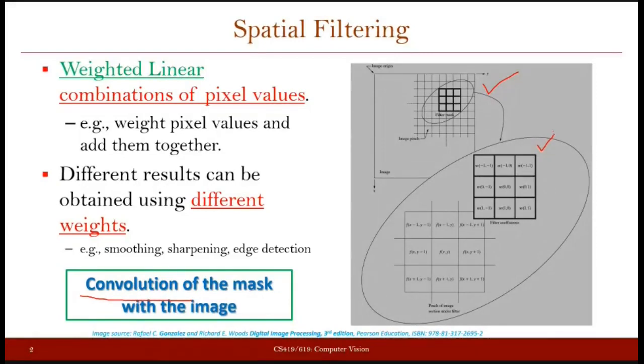Okay. Or we can say that with the help of the given filter, we have operated the given filter on the image, and we have computed all the convolution values. Okay. Again, I'm just highlighting the difference.